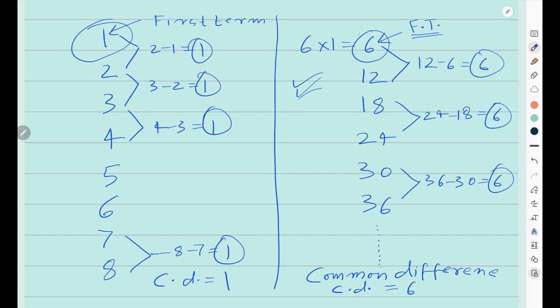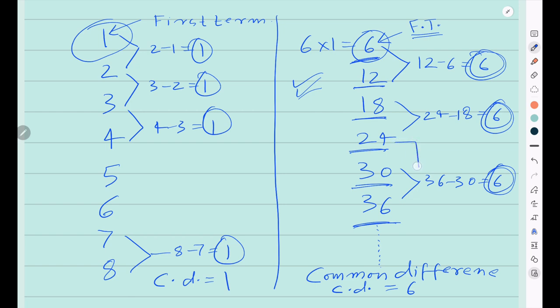So an arithmetic progression is a list of numbers in which each term, these are the terms: first term, second term, third term, fourth term, fifth term, sixth term, etc. Each term is obtained by adding a fixed number to the preceding number.